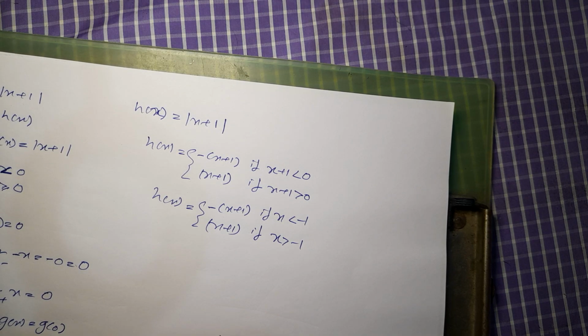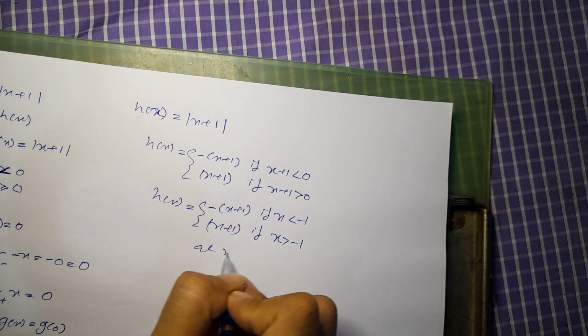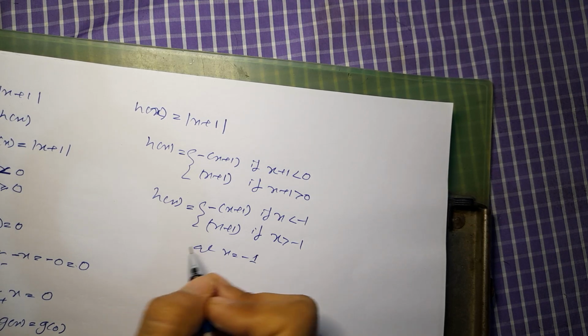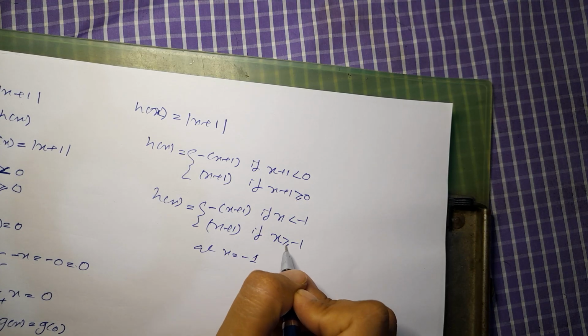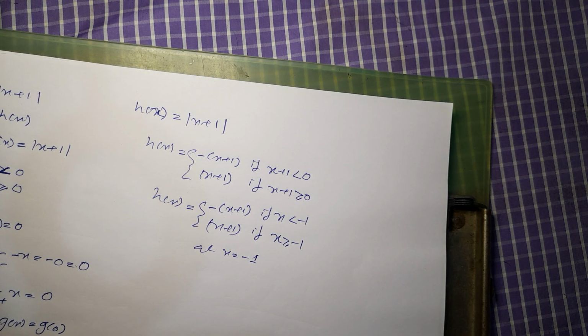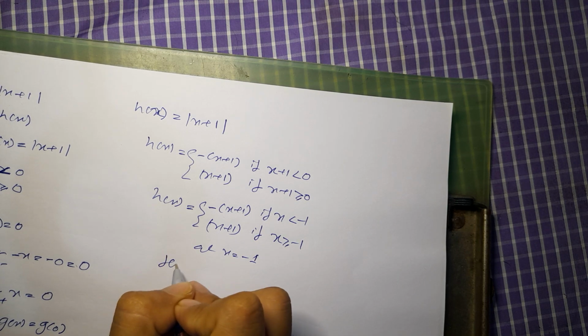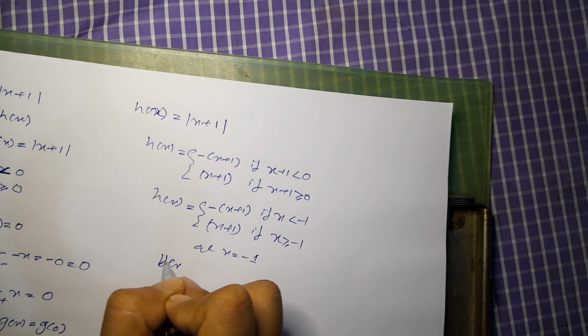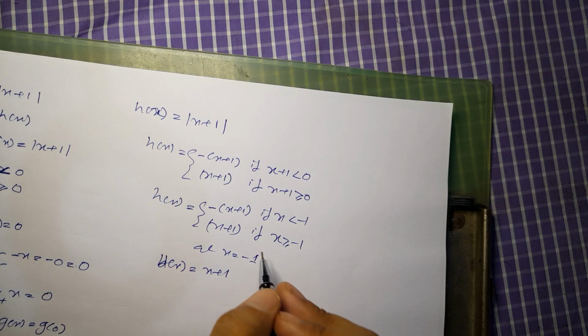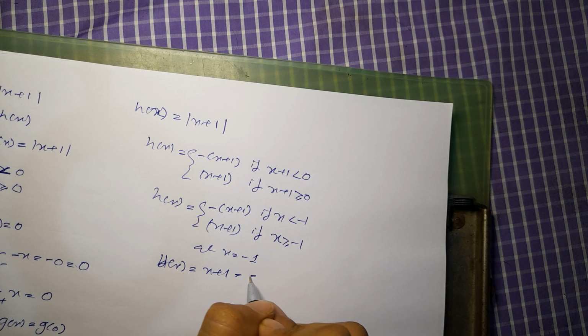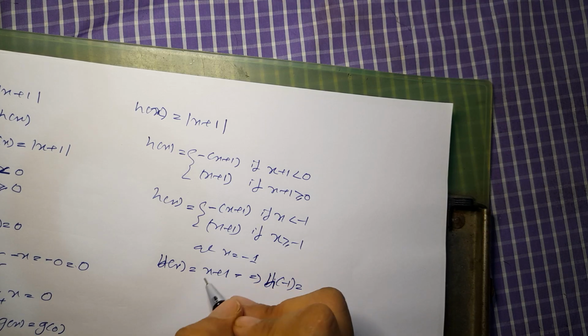So we have to check it at x equal to minus 1. The function will be h(x) equal to x plus 1. So h(minus 1) will give minus 1 plus 1, so that is 0.